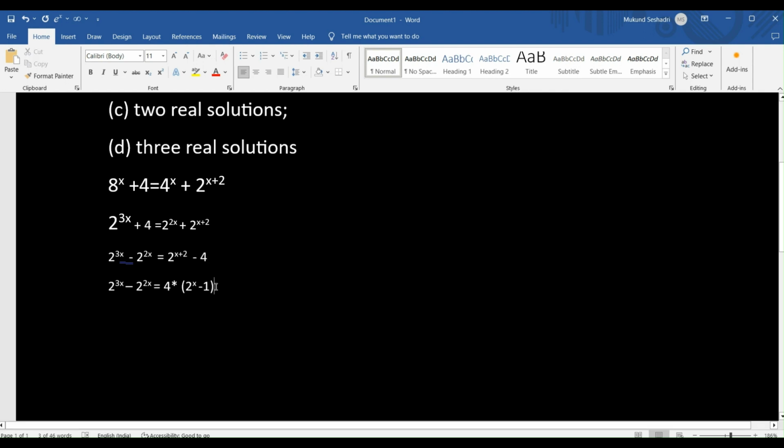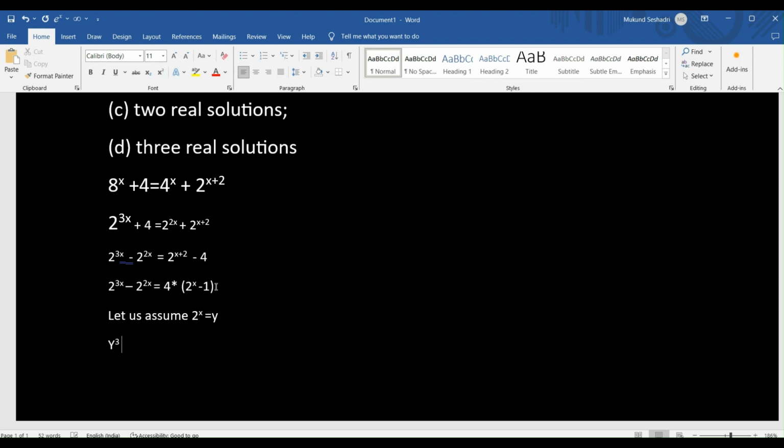For the RHS expression, right? Now I have with me, let's assume 2 to the power x equals y. So my first expression, which is 2 to the power 3x, is nothing but 2 to the power x the whole cube, which means it becomes y cube.